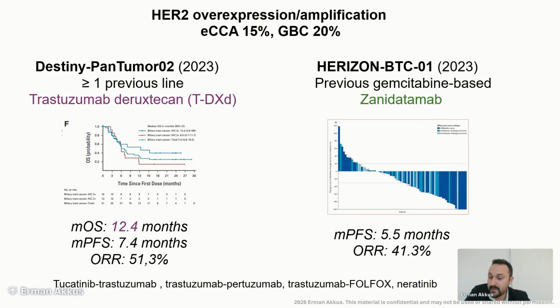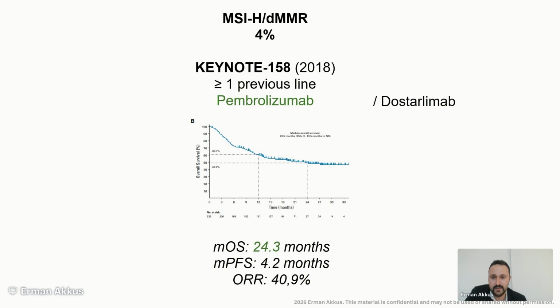Other treatments investigated in HER2 amplified BTCs are tucatinib, trastuzumab, pertuzumab, trastuzumab with FOLFOX, and neratinib. So HER2 is a target in biliary tract cancers. And MSI-high, although rare, deficient MMR is found in 4% of patients with biliary tract cancers.